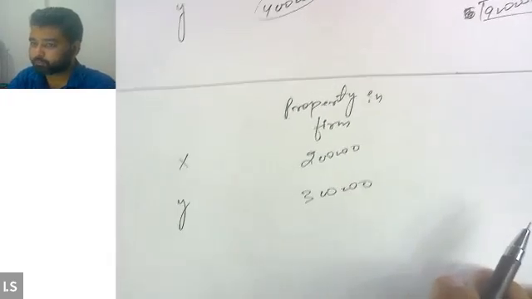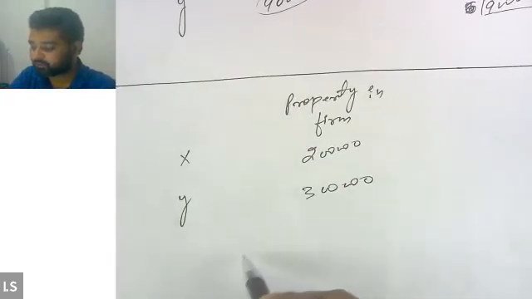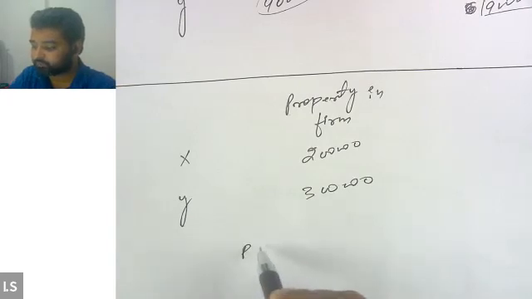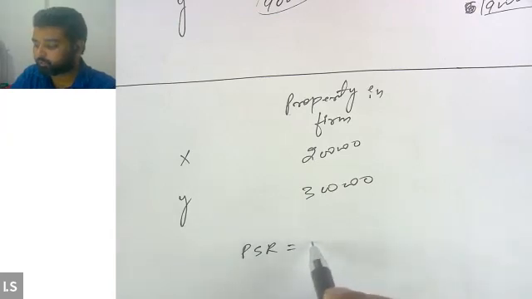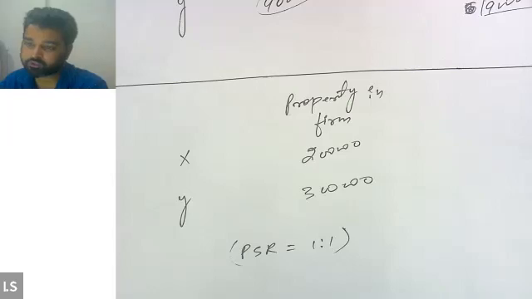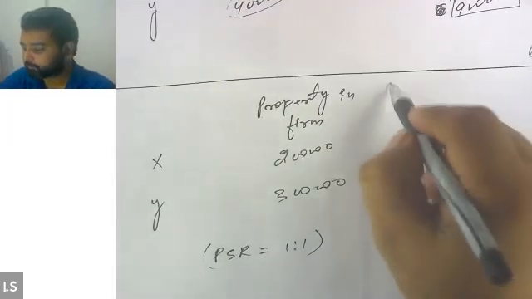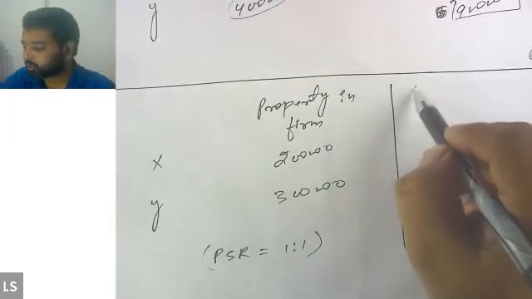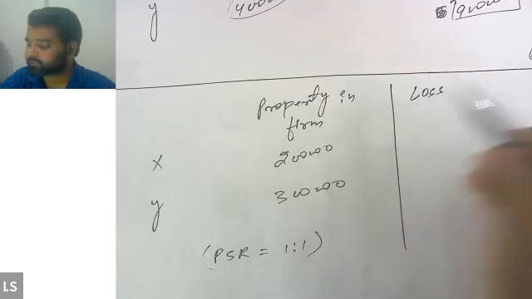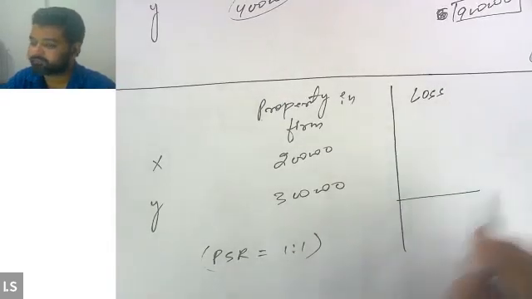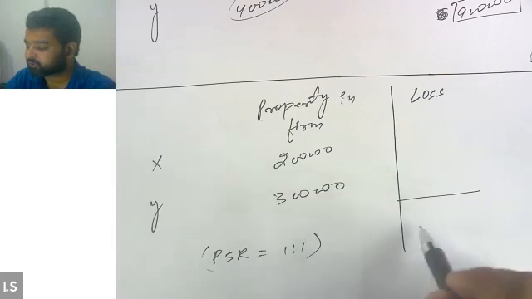And let's suppose both are partners sharing profit and losses. Their profit sharing ratio is equal, let's suppose 1:1. They will be sharing profit or losses equally. Now, if there is an obligation towards the firm, let's suppose there is a loss incurred by the firm. The value of the loss is let's suppose 1 lakh.